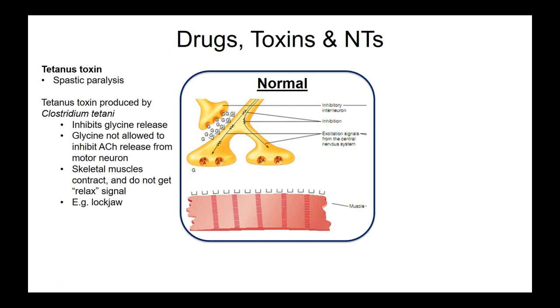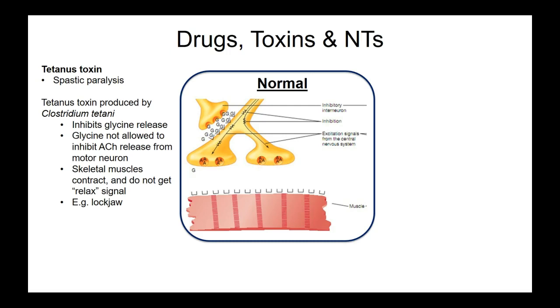What this toxin does is that it blocks this. Glycine is a neurotransmitter, and in order to get released, it too needs proper functioning of SNARE proteins up here. So the tetanus toxin here interferes with this.